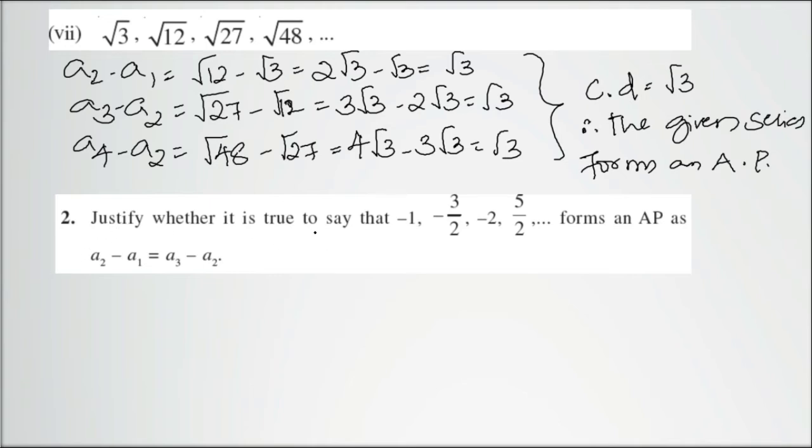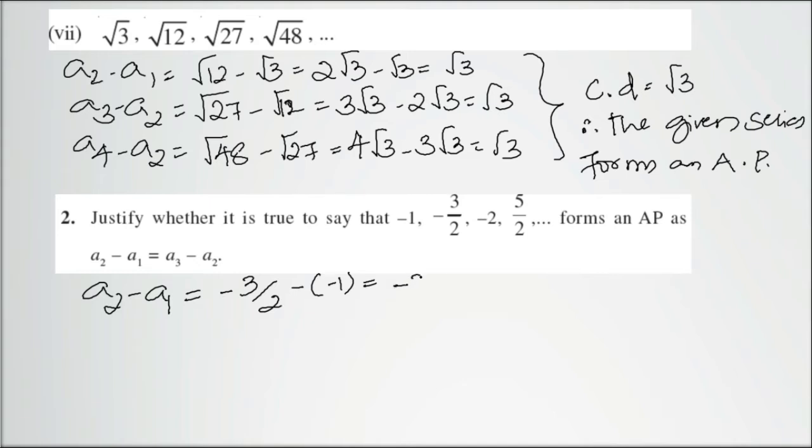Let us look at question 2. Justify whether it is true to say that minus 1, minus 3 by 2, minus 2, positive 5 by 2 forms an arithmetic progression as a2 minus a1 is equal to a3 minus a2. What is a2 minus a1? It is negative 3 by 2 minus of minus 1.